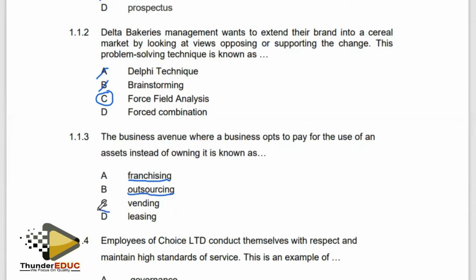Leasing is the most appropriate here. What is leasing in this regard? We hire the use of a given business asset for a given period of time, but the person who is the bona fide owner of that property is called the lessor. The lessee is the person who is hiring it.